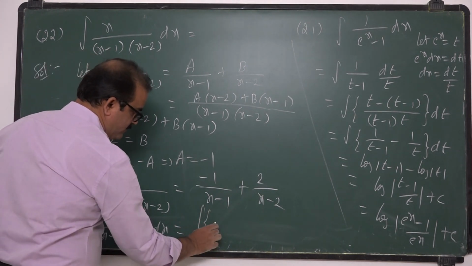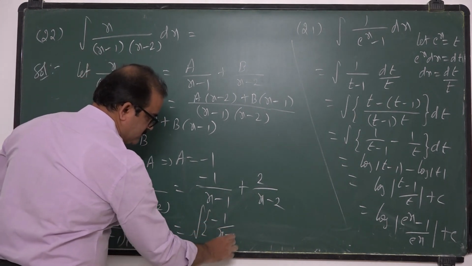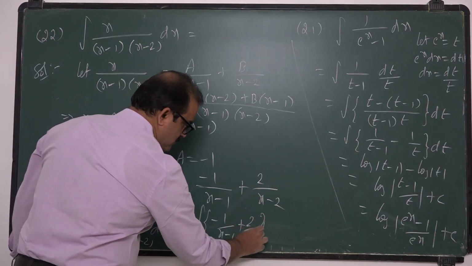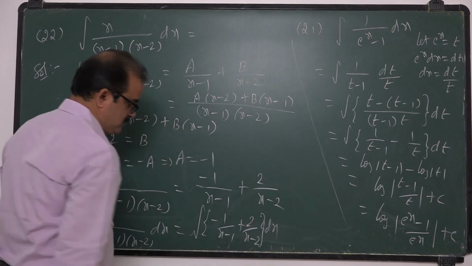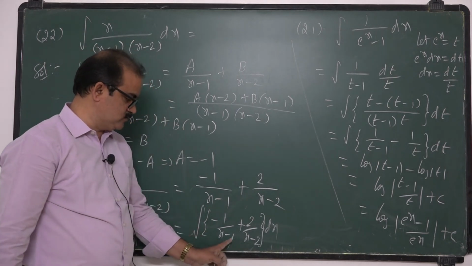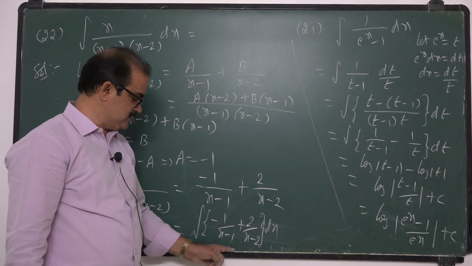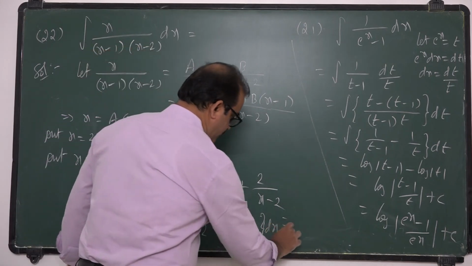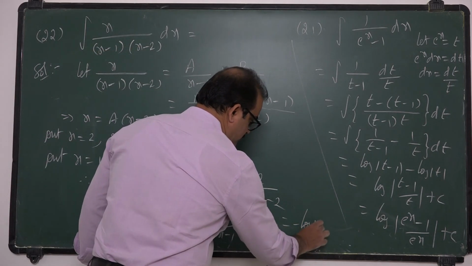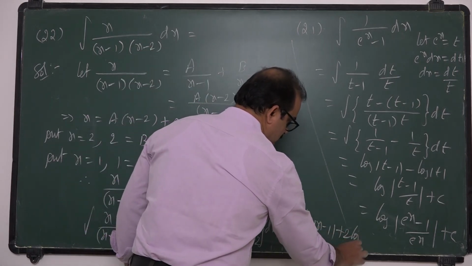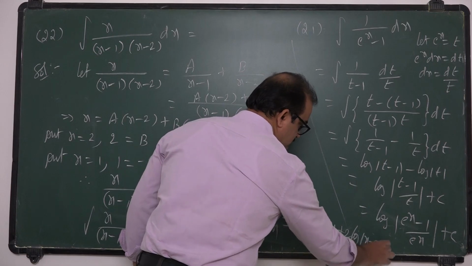Integral of minus 1 by x minus 1 plus 2 by x minus 2 into dx. Both these terms are in the form of integral 1 by x dx, that is log mod x. So we get minus log mod x minus 1 plus 2 into log mod x minus 2 plus c.